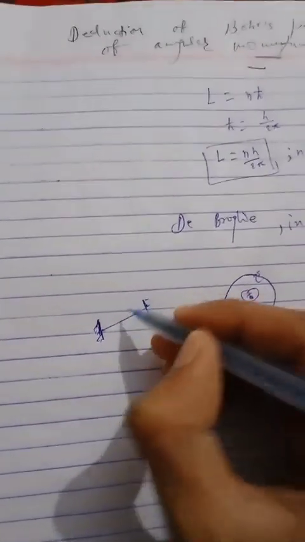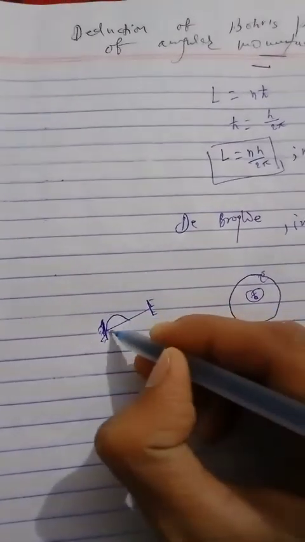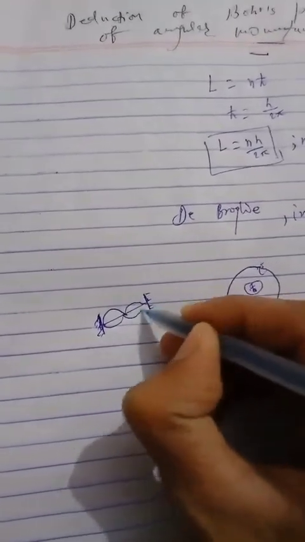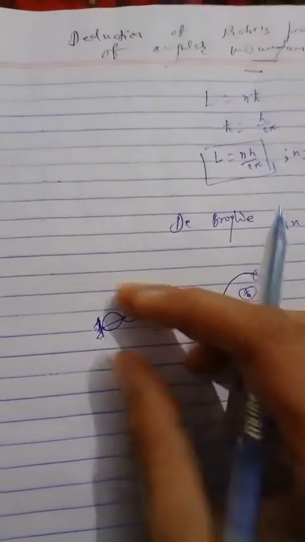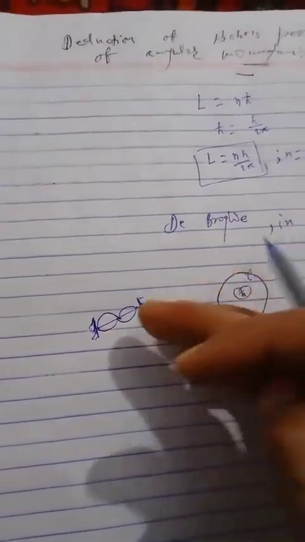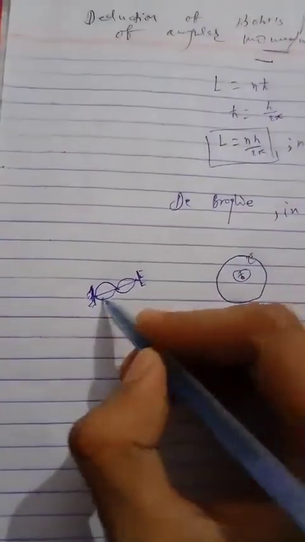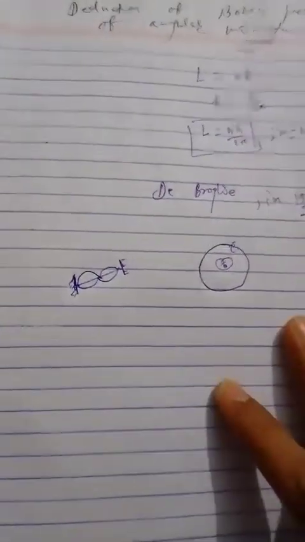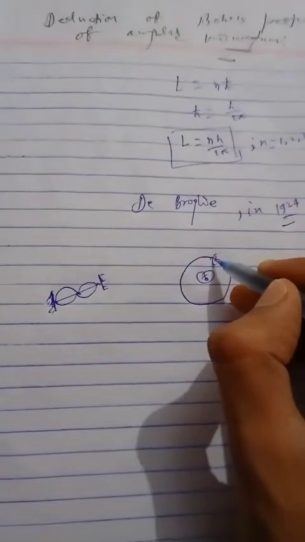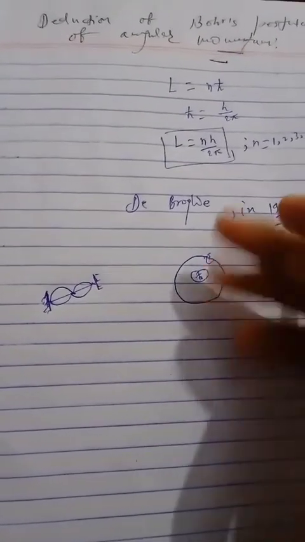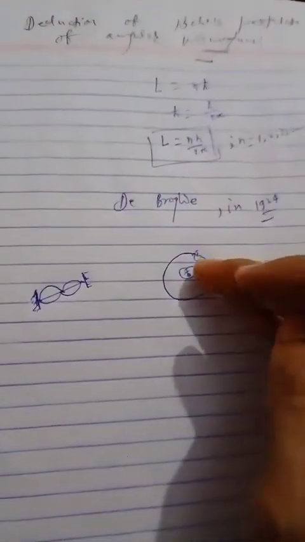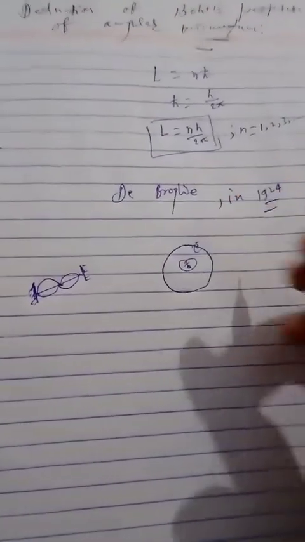If you vibrate it, it will form a standing wave like that. This is just one wave, and it can form two waves, three waves, and n waves depending on the length of the string and how you vibrate it. In the same way, when the electron revolves around the nucleus, it forms a standing wave, meaning it revolves around the nucleus in a standing wave manner.